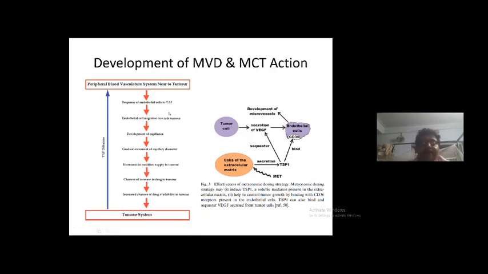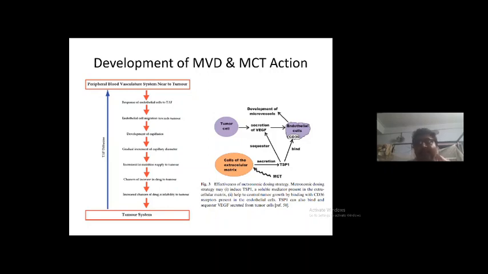I already described the development of the microvessels, and how the MCT works. So far, what we know about the mechanism of MCT action is that the MCT acts on the extracellular matrix to release the molecule TSP1, which binds with the CD36 of the endothelial cells.